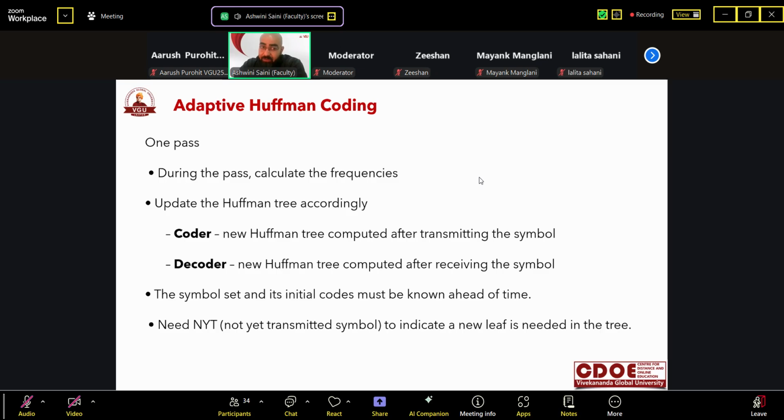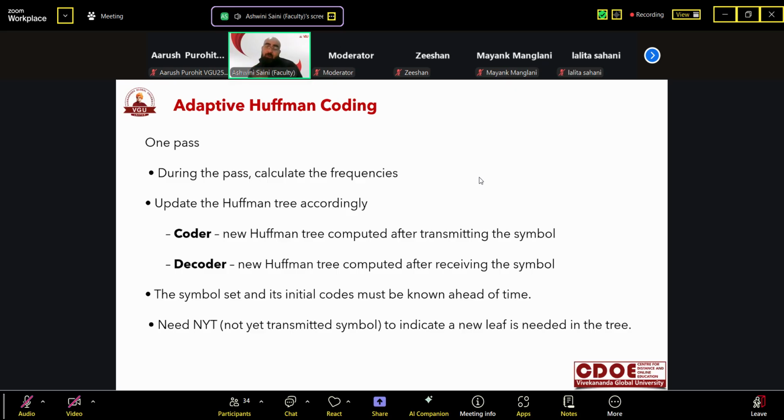When a new symbol is encountered for the first time, it is added to the code book with a code that doesn't conflict with existing codes. I will refer you with an example in our upcoming slide. So this is the basic that we have to do. Each time a symbol is added to the code book, the tree structure representing the code book is adjusted, maintaining the Hoffman property.